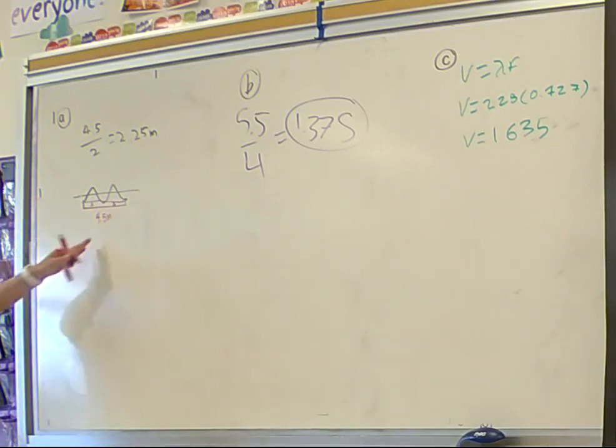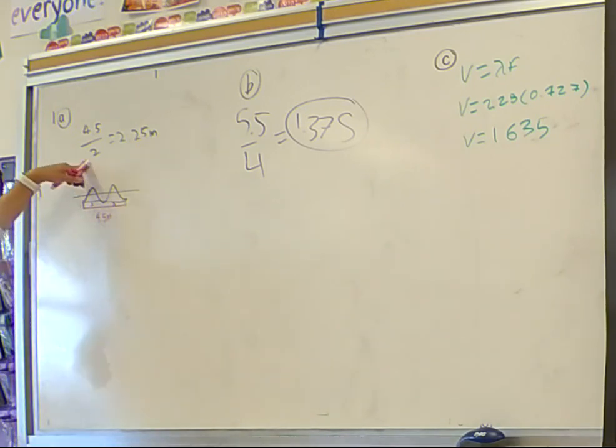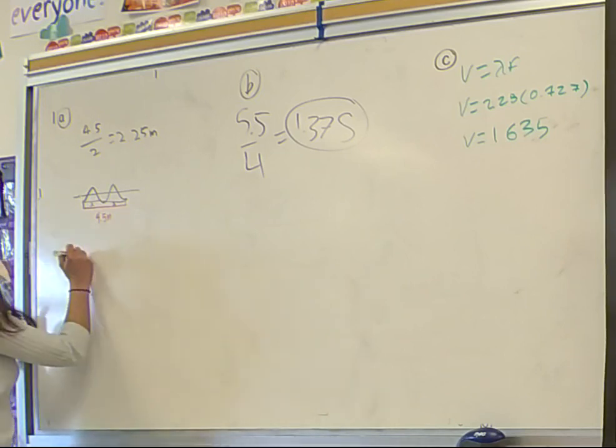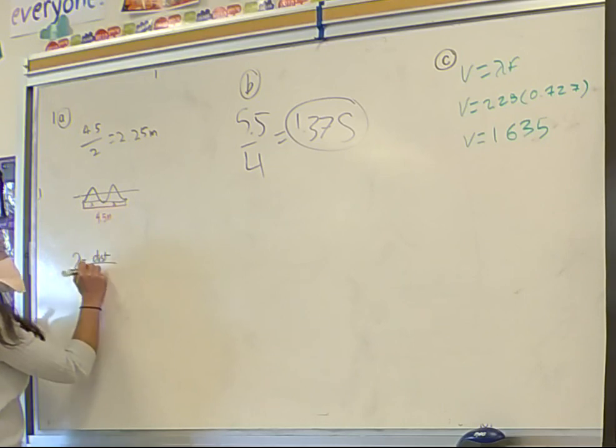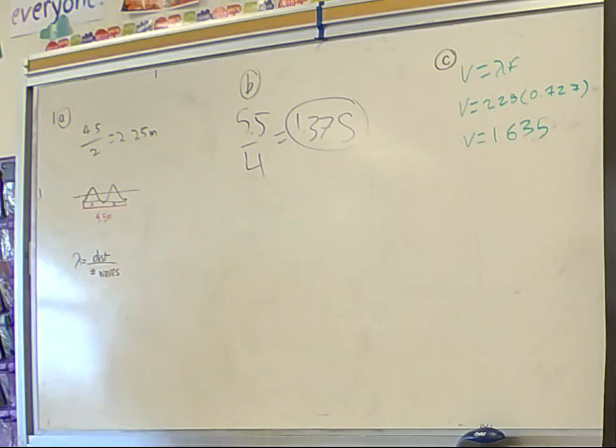So basically you take your 4.5 divided by 2 waves and get your 2.25 meters. So this is not an equation in your physics helper, but basically your wavelength is the total distance divided by the number of waves. It should be a concept that if you draw it out correctly, you're able to conceptualize and understand.